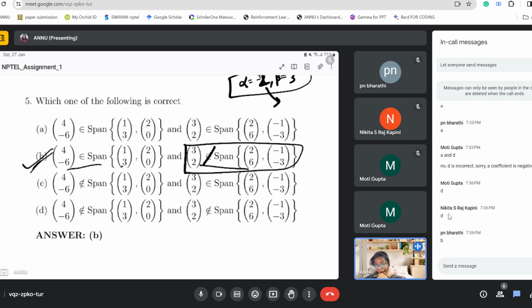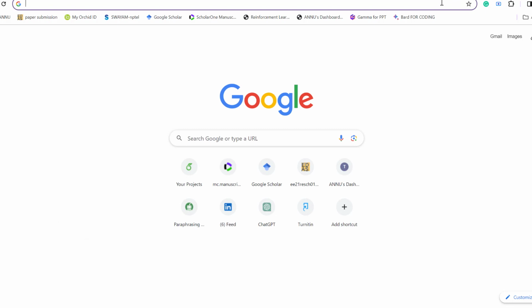I think span, is it checking linear independence or any linear combination? I have to check. Just wait a second. What exactly does span mean here?